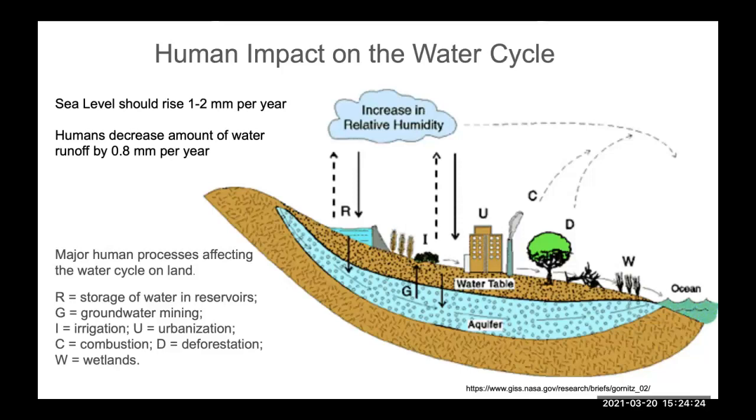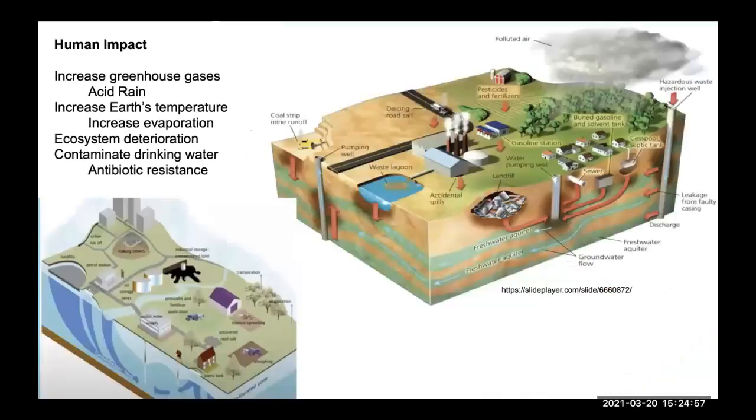I is for irrigation, the irrigation of plants, farms, and homes. We have U for urbanization, C for combustion, D for deforestation, and W for the wetlands. All of these contribute to the water cycle, and they are ways that humans affect that water cycle on the land, which creates less runoff into the oceans.